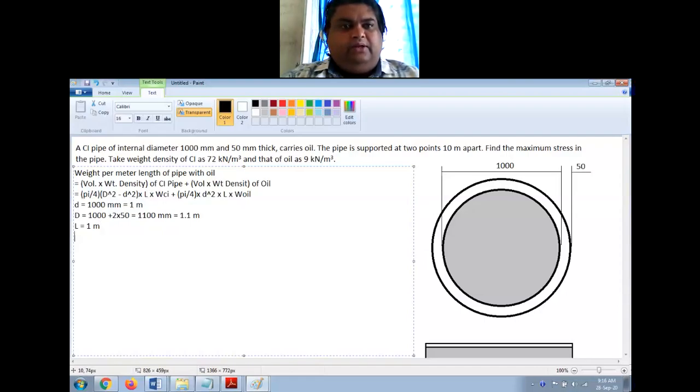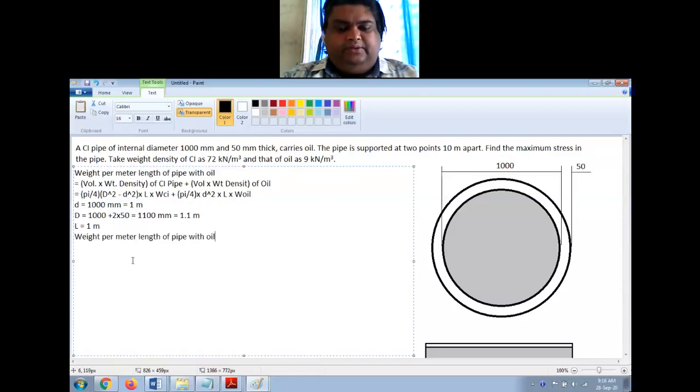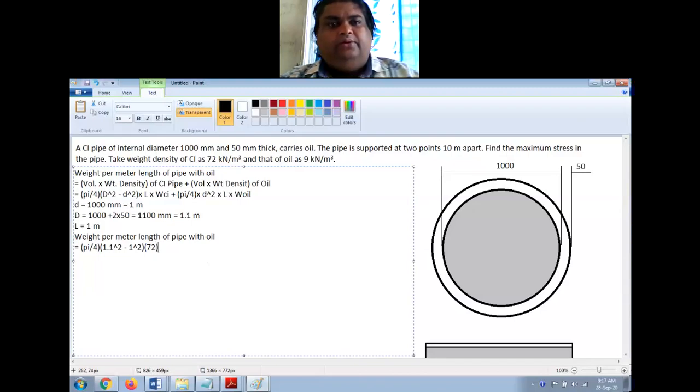Okay. Now let us again calculate this. Weight is equal to, first pi by 4 remains as it is, into D square is 1.1 square minus d square is 1 square into 1, into weight density of cast iron is 72 kilonewton per meter cube.